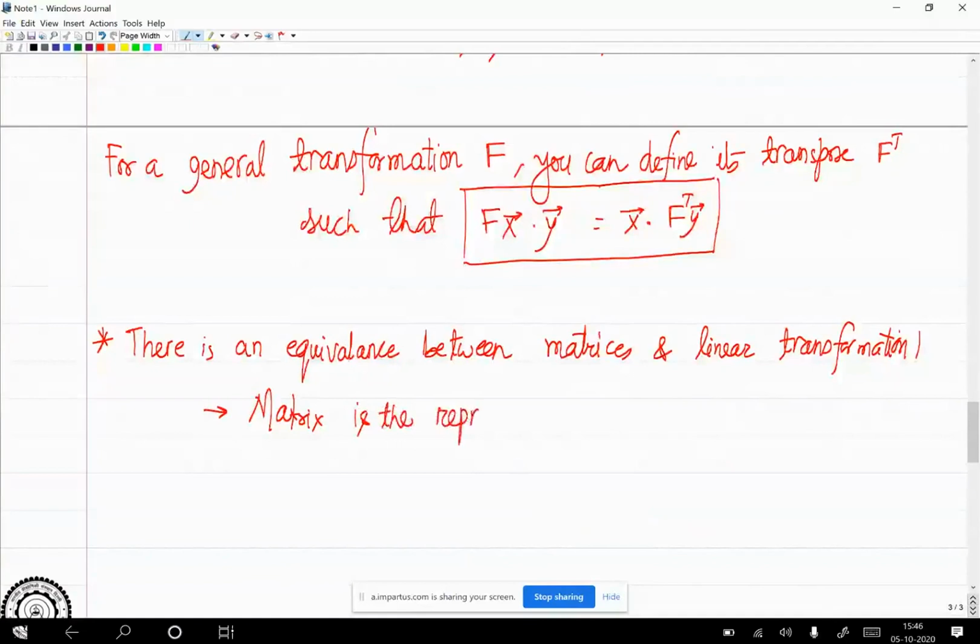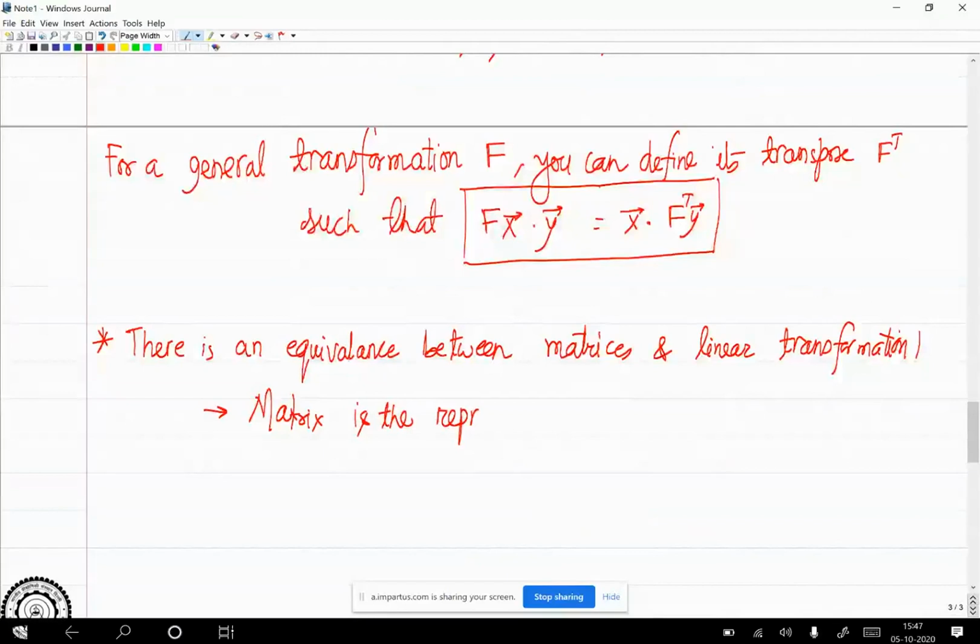See, till now we just had this abstract function f. We didn't know what exactly it looks like. Just like for vectors, we had the abstract v with an arrow. But when you write it in the column form, then you see what exactly it is looking like. But that column form is particular to a coordinate system.